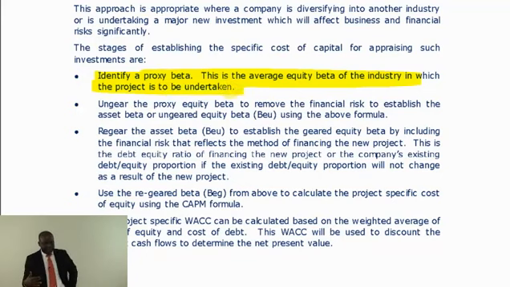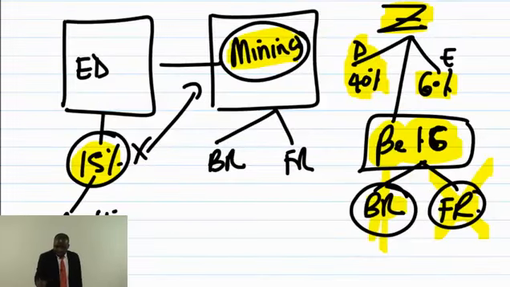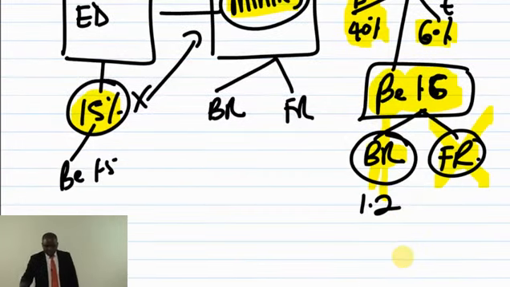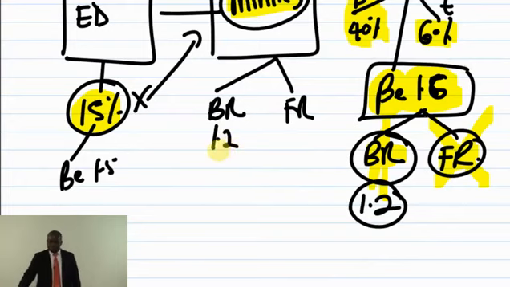If you pick that beta and that beta is geared, you would have to ungear that proxy beta to remove the financial risk in order to determine the asset beta or the ungeared equity beta that measures only the business risk. So when I get this business risk, assuming we ungear and this is 1.2, I will also face the same 1.2.